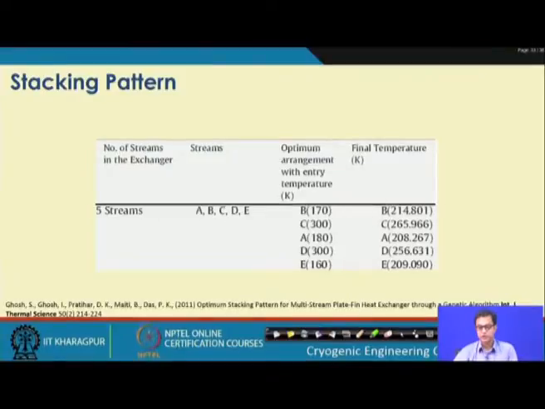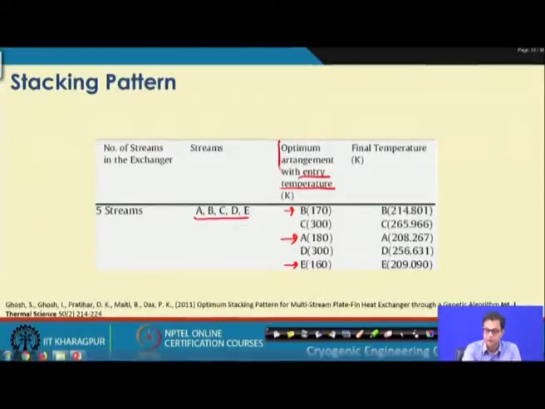Here we have a 5 fluid stream, where some of them are cold streams. Out of the 5 fluid streams, A, E and B are clearly at their entry temperature, and we will not look into this optimum arrangement.